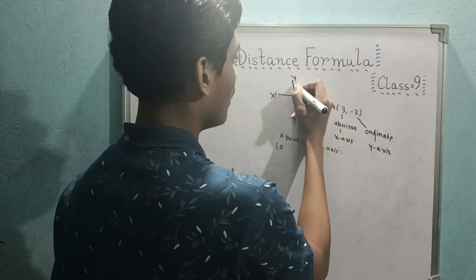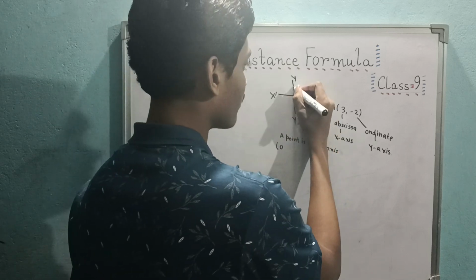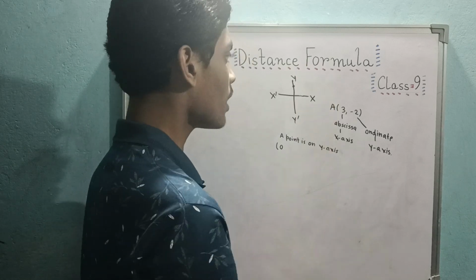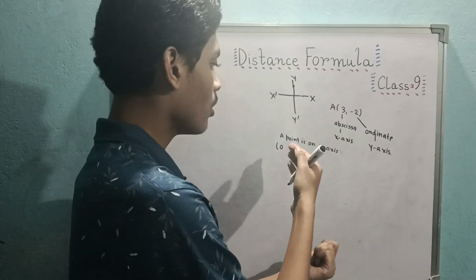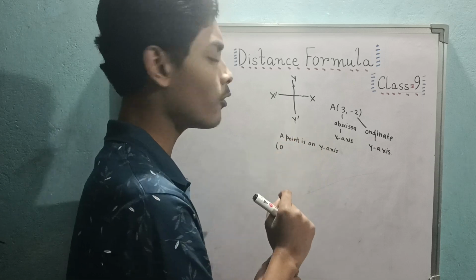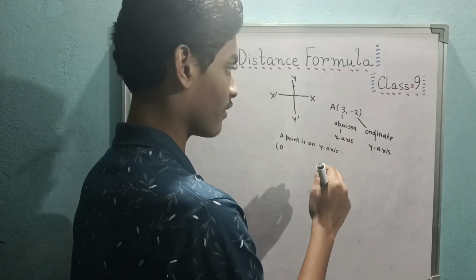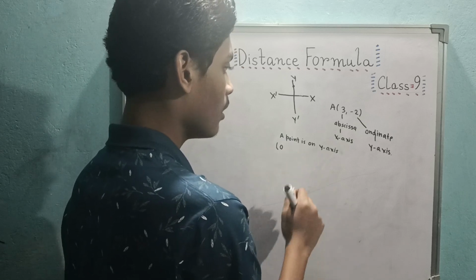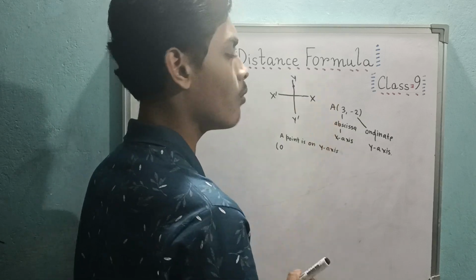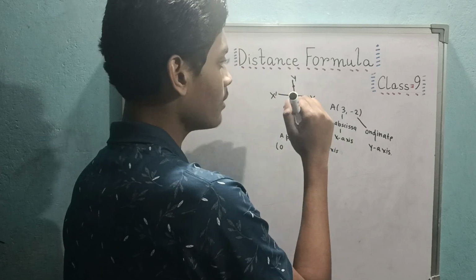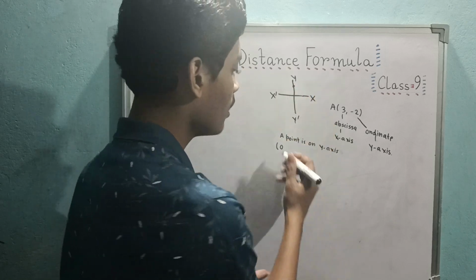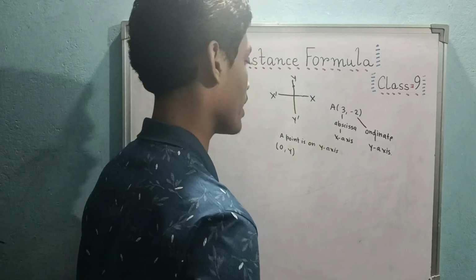Let's take the other example. So it is lying on the y-axis. Suppose here it is lying. Then it has no connection with the x-axis, right? So there can be any coordinate for the x-axis. That is abscissa. Abscissa is for the x-axis, so no abscissa can be there. But as the point lies on the y-axis, at some length from the center it must be lying. So we will write it as 0 comma y.